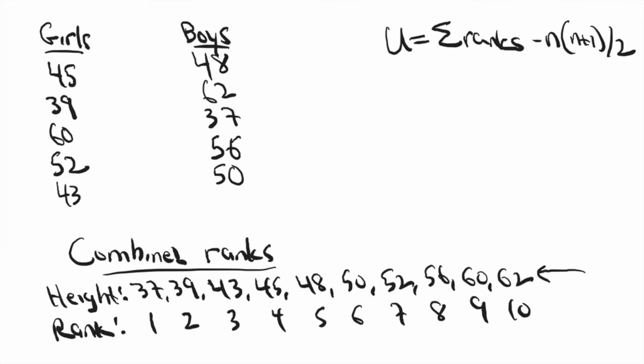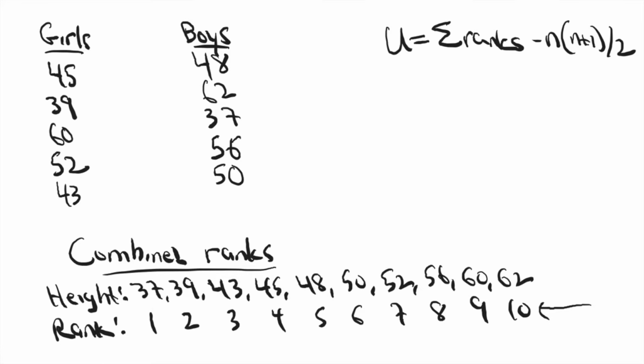So that is 10 scores, 10 different heights in inches arranged from the smallest to the largest. And then you assign a rank to each of these. So the smallest gets a rank of 1, the largest gets a rank of 10. It goes like that. So now each score has a rank.